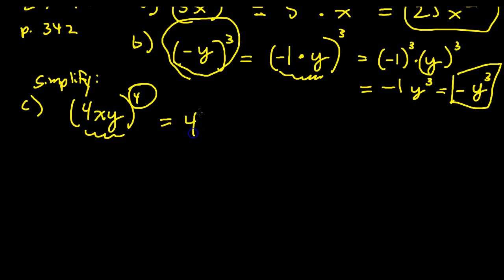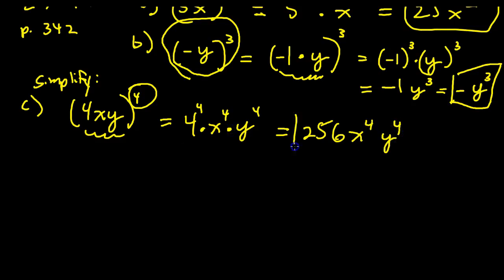And of course, I can then just distribute that exponent over all 3 factors of that product. Right? 4 to the fourth power is 256 times x to the fourth power. That can't be simplified any further. Times y to the fourth power is just, of course, y to the fourth power.